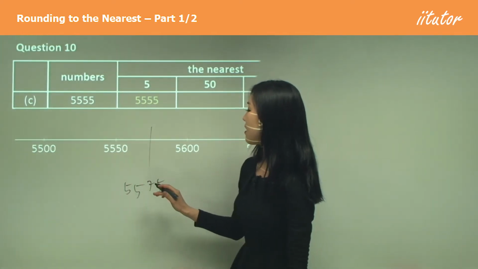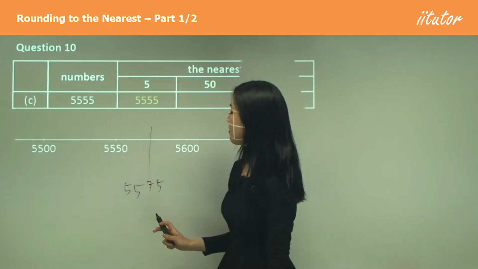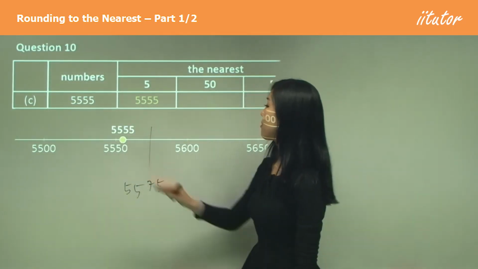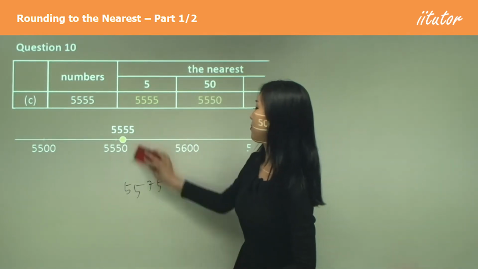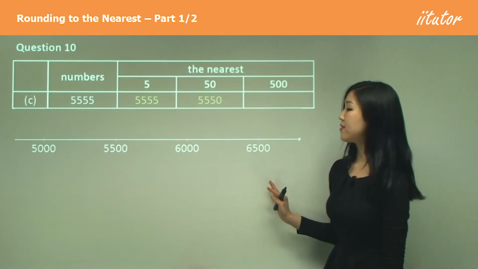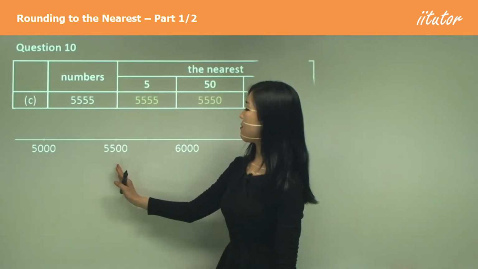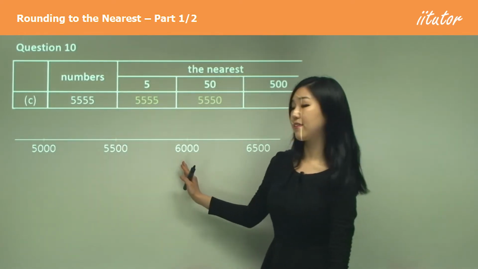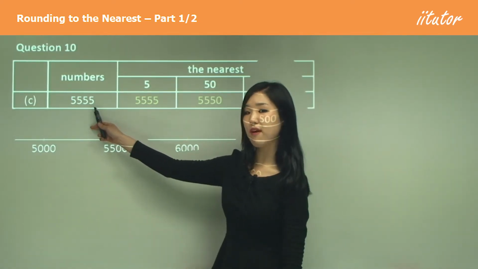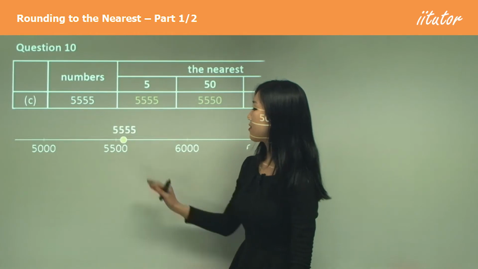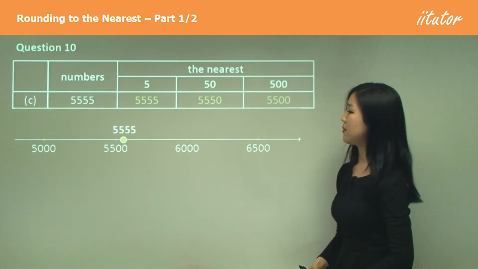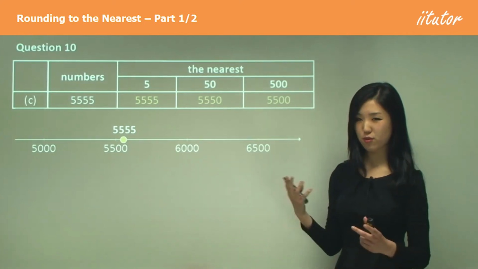But you can see that this number here, 555, it's closer to the left of that halfway mark. So it must be this one here. And then 500s, we're going up by 500s, but that one is between 5,500 and 6,000. But 5,555, yeah, it's closer to this one by far, so therefore it must be this one. This one's a little bit more obvious, yeah, but don't get confused with so many 5s.